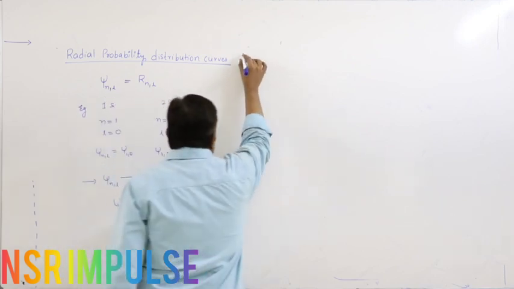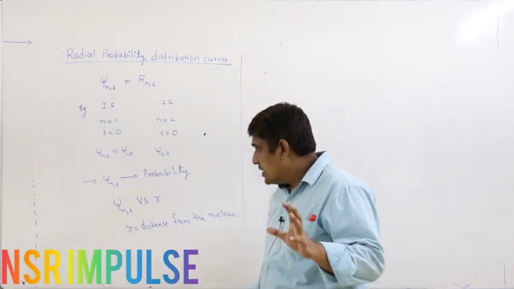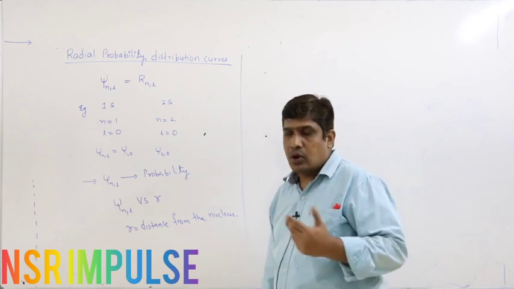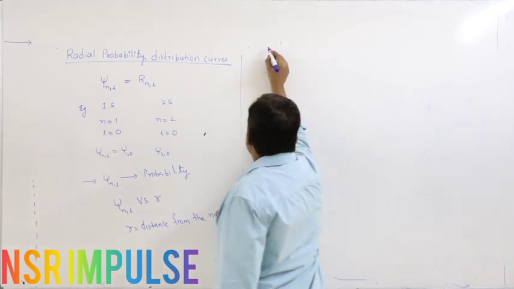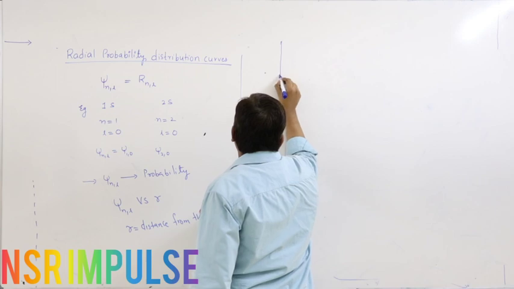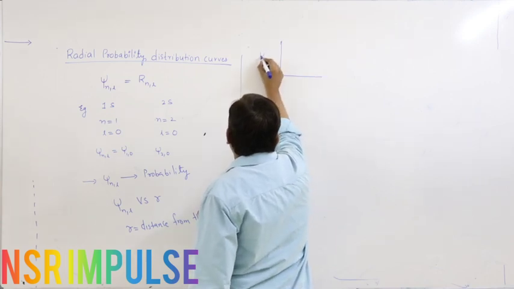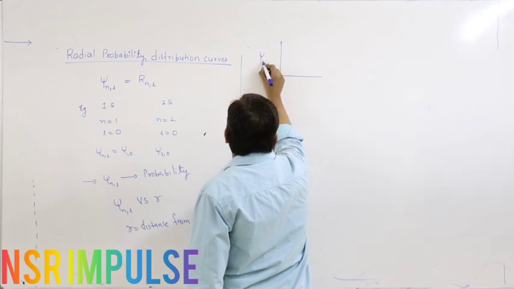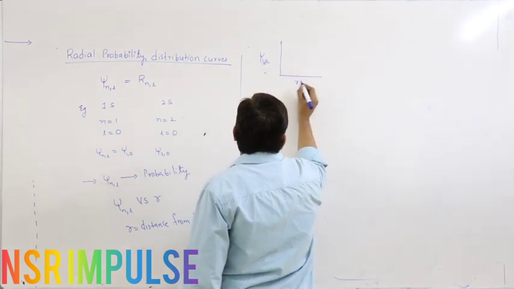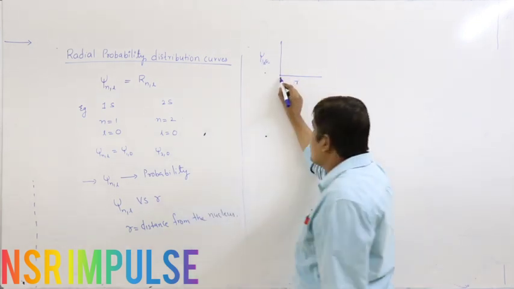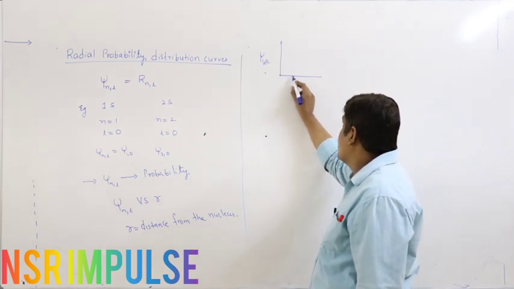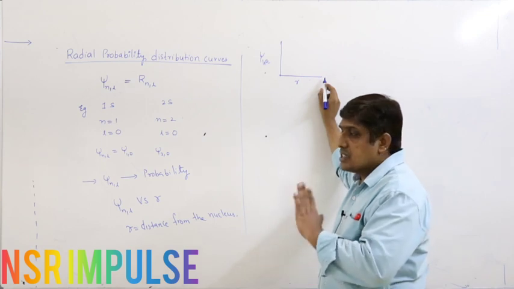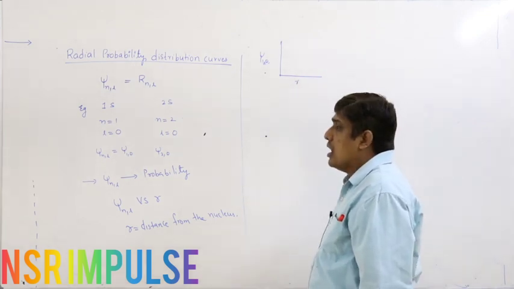So each orbital has a different equation for psi. Those equations we study in quantum mechanics, but here we study the nature of the graph. So if you plot the graph by solving the equation for 1s, that is psi 1 comma 0 and r, this point is the nucleus. If I move from this point in this direction, the distance from the nucleus increases, which is represented by r.